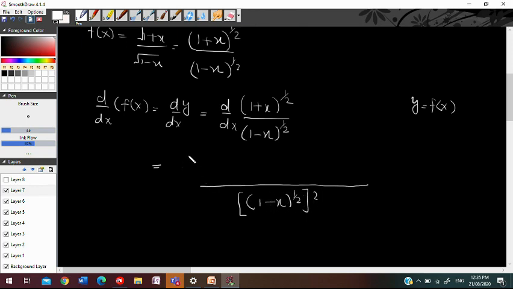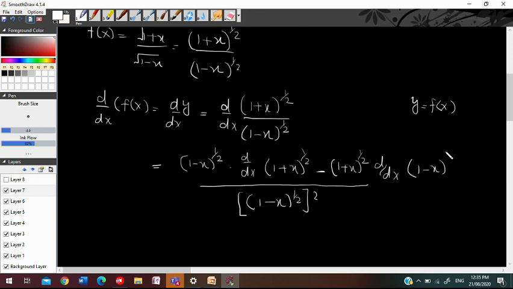According to the formula, the denominator function will remain the same over here, and then first we apply derivation on the numerator function 1 plus x power 1 by 2. Minus sign is according to the formula. Then the numerator function will remain the same, and we apply the derivative on this denominator function.